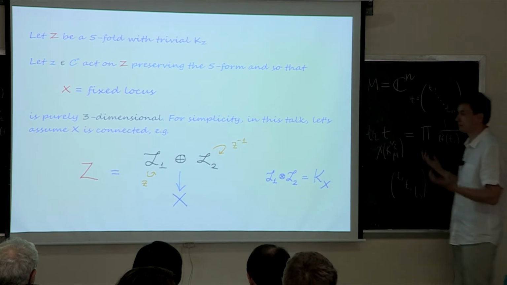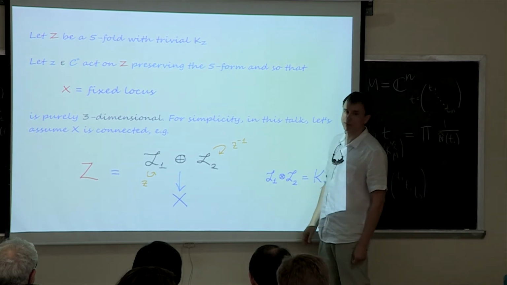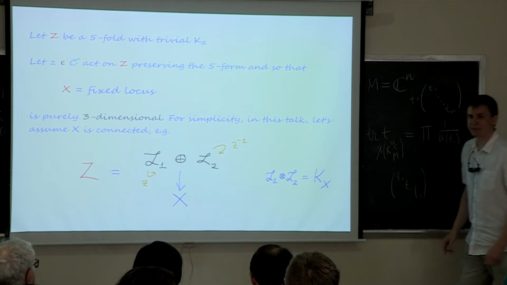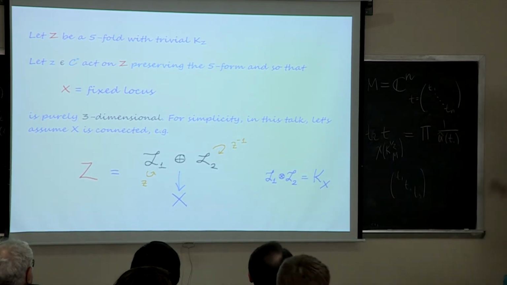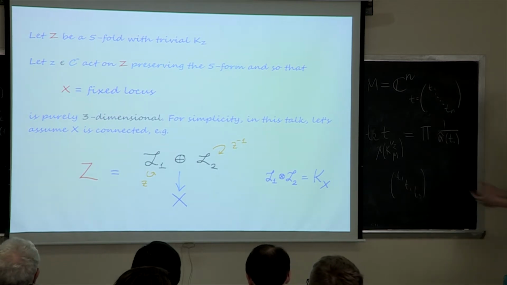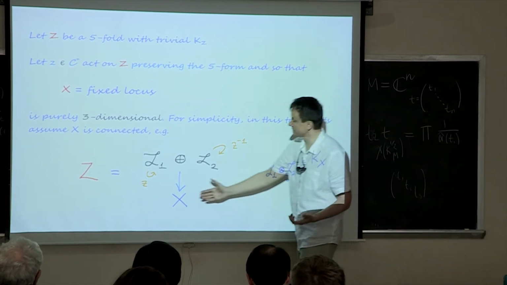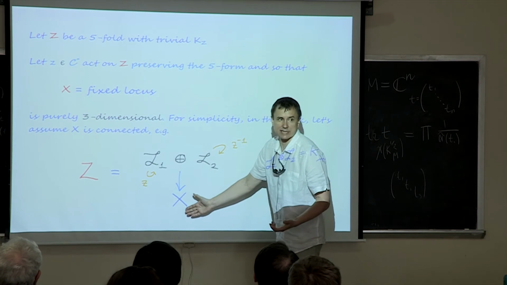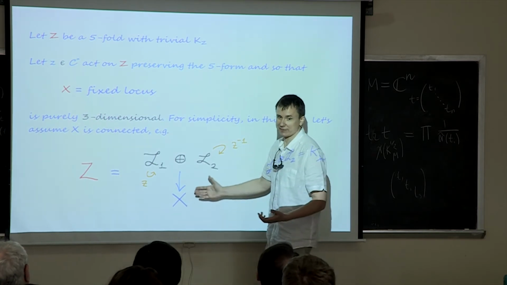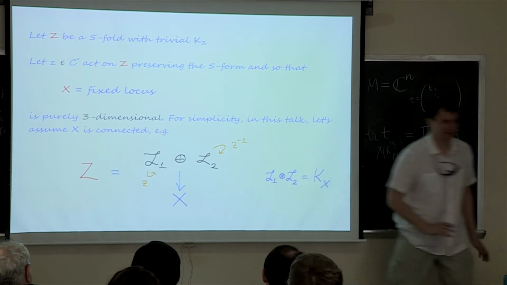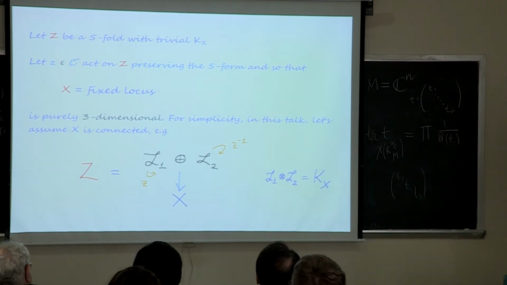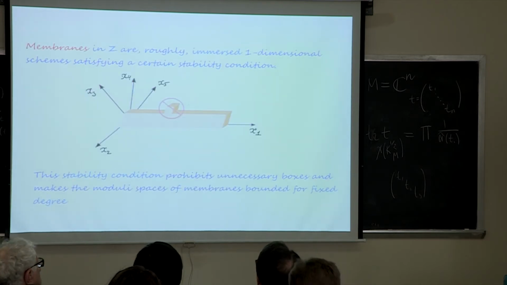We just globalize the construction of those 2 extra variables. This is already non-trivial. There are many examples of this, where the fixed locus is connected. It's easy to write examples where the fixed locus is disconnected. There's something interesting to be said there, but we're not going to talk about them today.